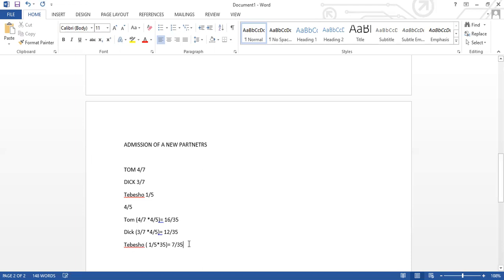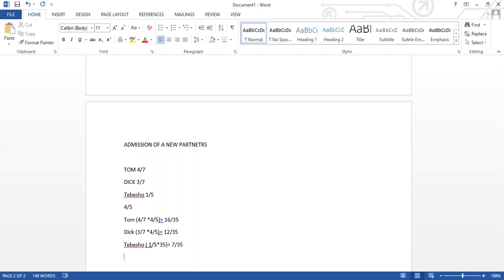Please, when it comes to partnership, the most tricky thing is your profit sharing ratio. There is no specific way of calculating your profit sharing ratio. There are different ways. So you really need to understand and make sure that you know how to calculate your new profit sharing ratios.